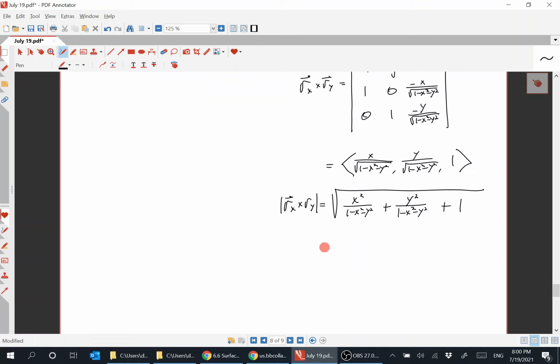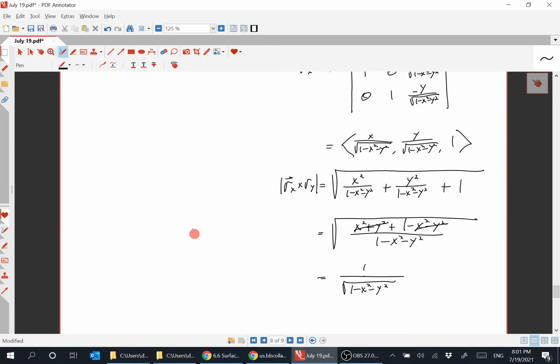This is probably going to simplify, so we've got x squared plus y squared plus 1 minus x squared minus y squared over that. So these cancel, so we get 1 over square root 1 minus x squared minus y squared. So that's Rx cross Ry.